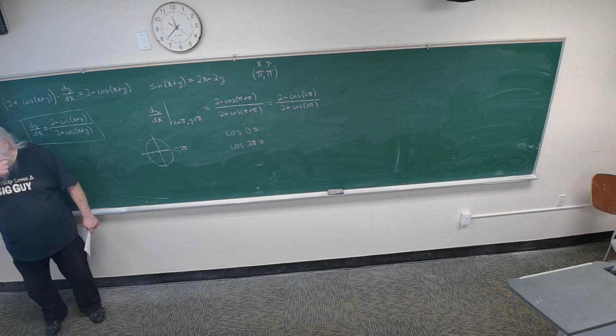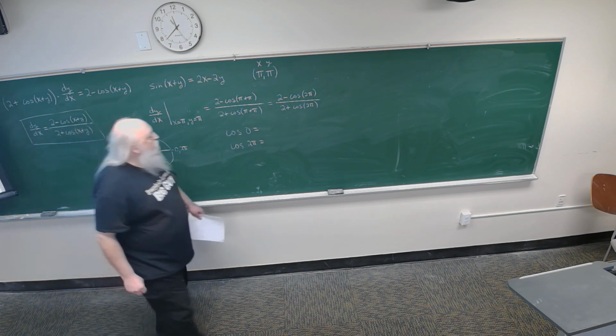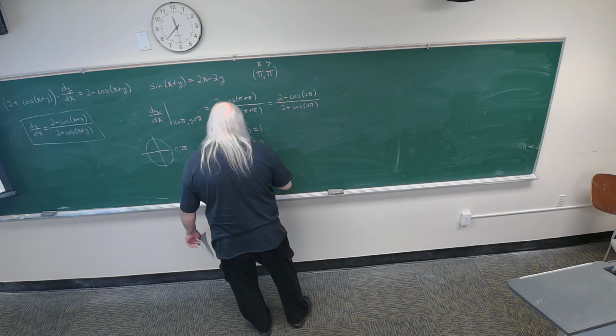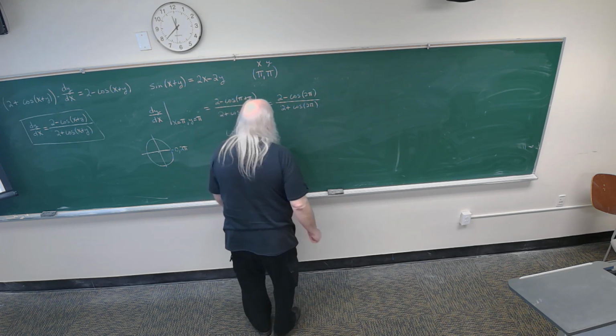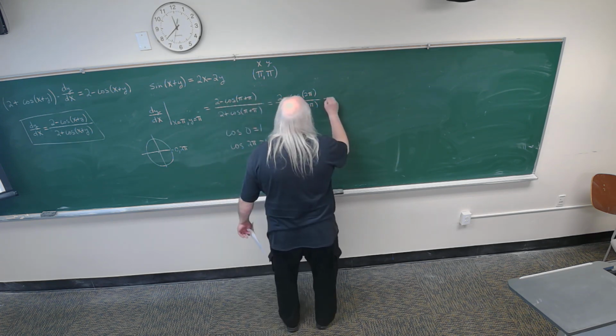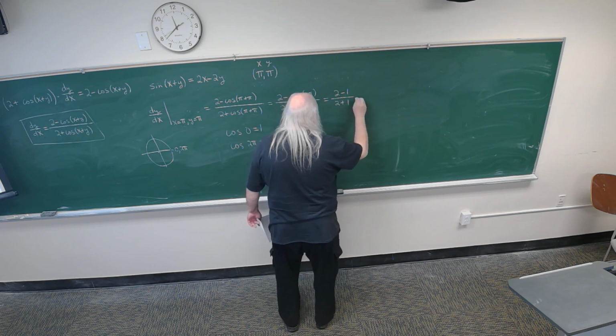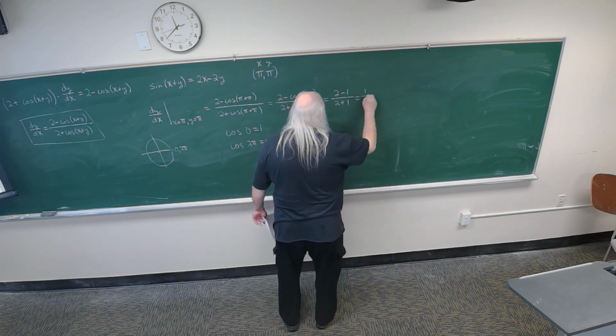You guys remember what cosine of 0 is? 1. So cosine of 0 is equal to 1. Cosine of 2 pi is equal to 1. So this is equal to 2 minus 1 over 2 plus 1, which simplifies to 1/3.